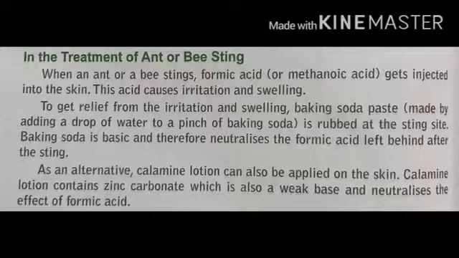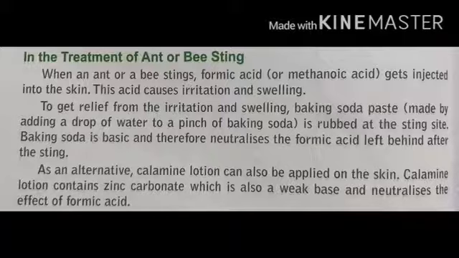In the treatment of an ant or bee sting, when an ant or a bee stings, formic acid or methanoic acid gets injected into the skin. This acid causes irritation and swelling. To get relief from the irritation and swelling, a baking soda paste, made by adding a drop of water to a pinch of baking soda, is rubbed at the sting bite.